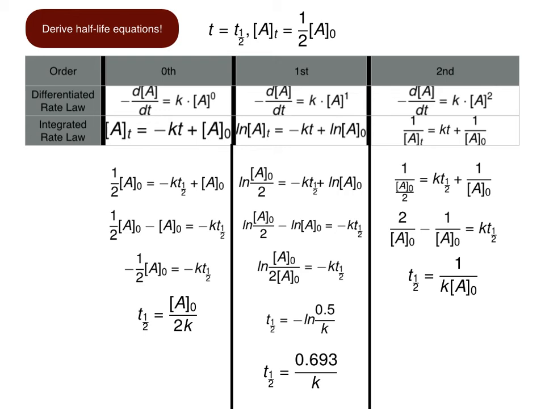Since at that time the concentration is half the original, these equations may easily be derived by substituting in for concentration at time t, 0.5 times the concentration at time 0. Rearranging, we can get the final form for each.